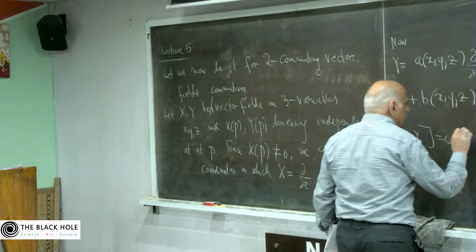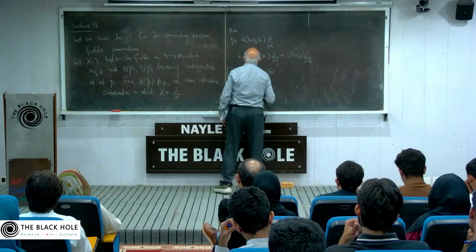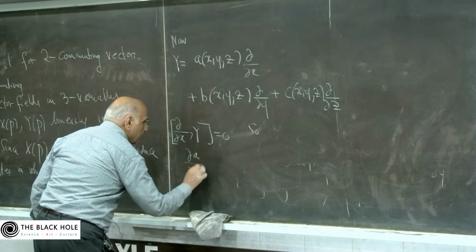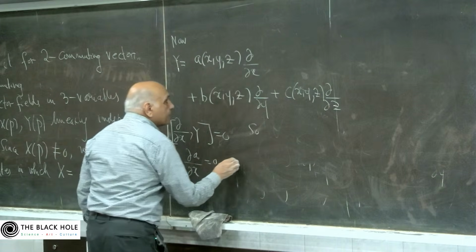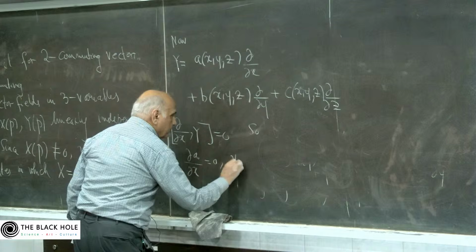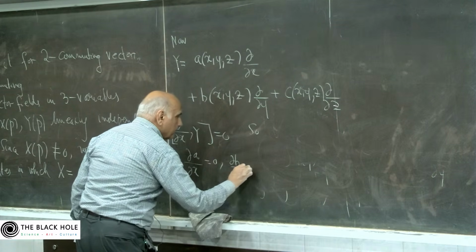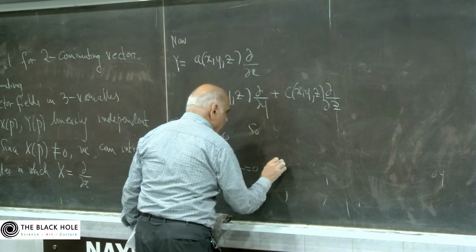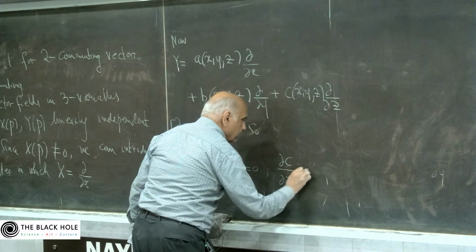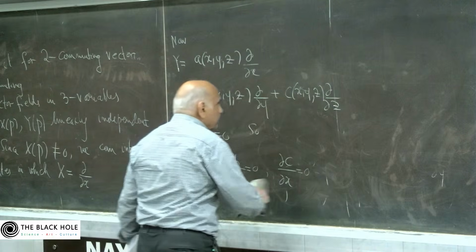Therefore partial a by partial x, partial b by partial x is 0, and partial c by partial x is equal to 0.